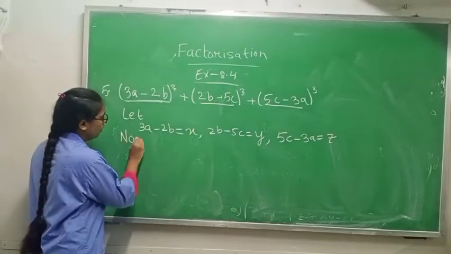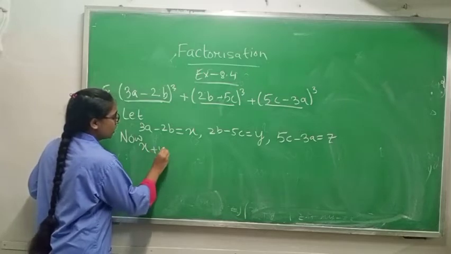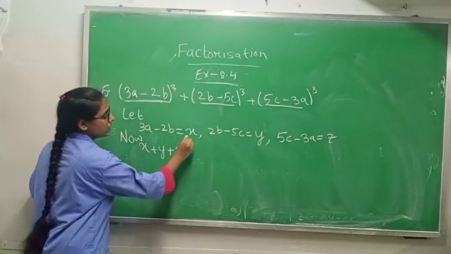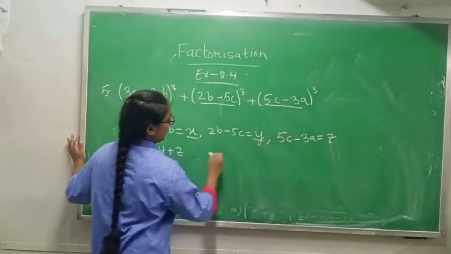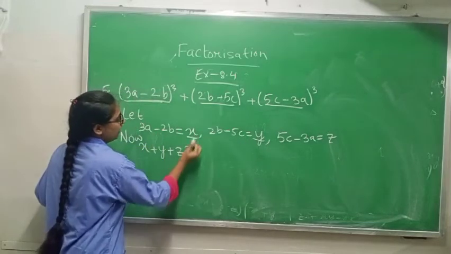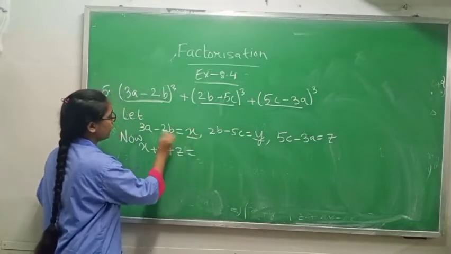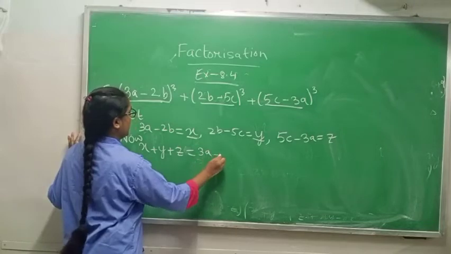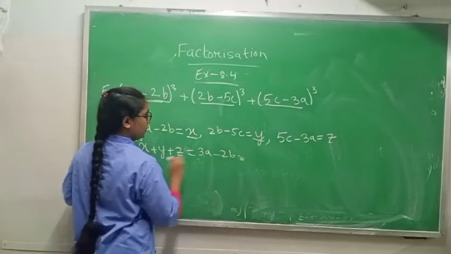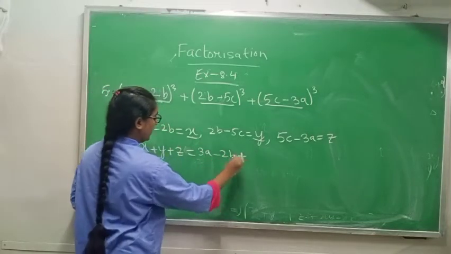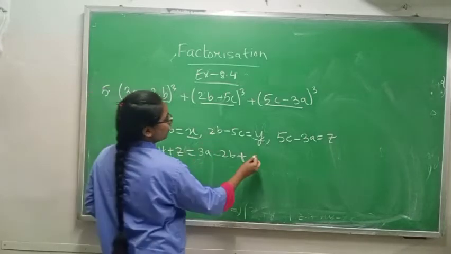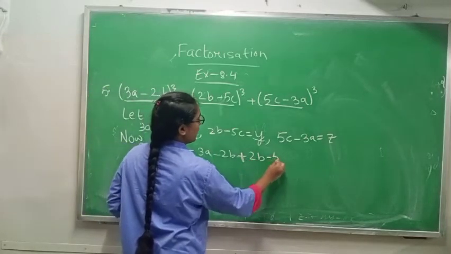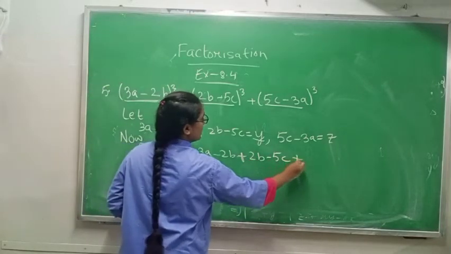Now what you will do, you will find x plus y plus z. It means in place of x you will write 3a minus 2b, then plus sign. Now y is 2b minus 5c, then plus sign.